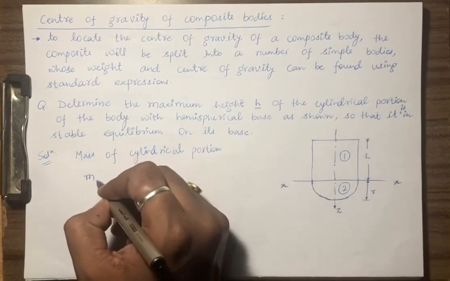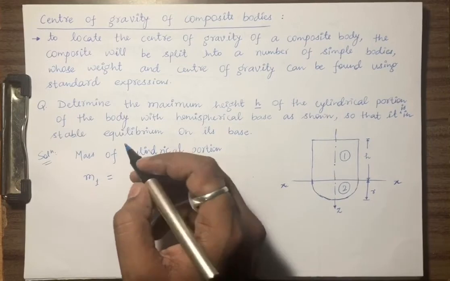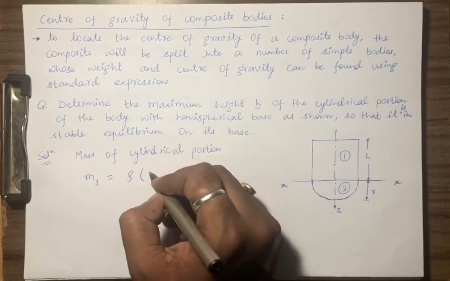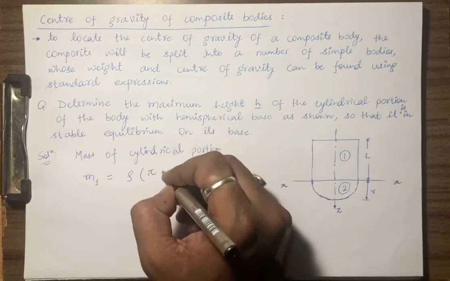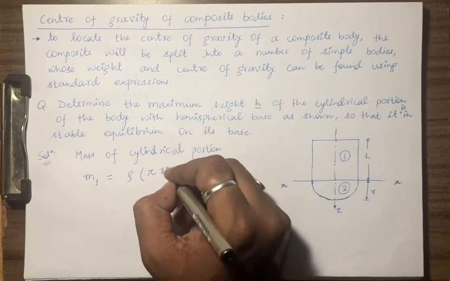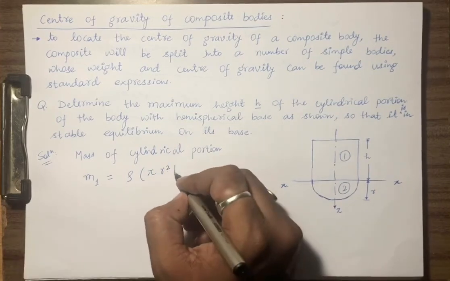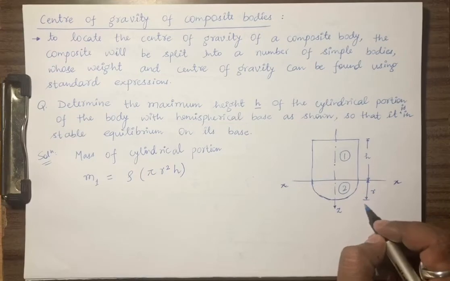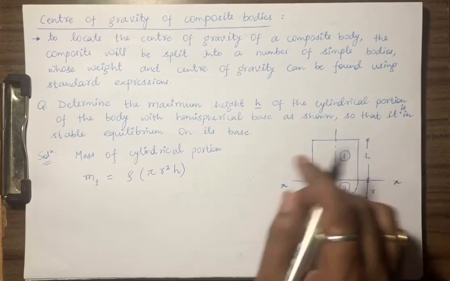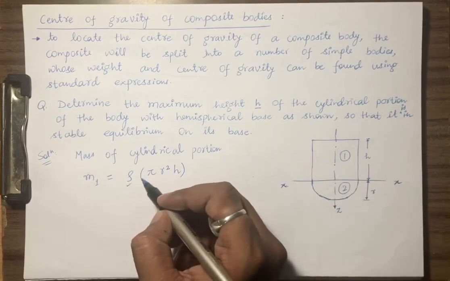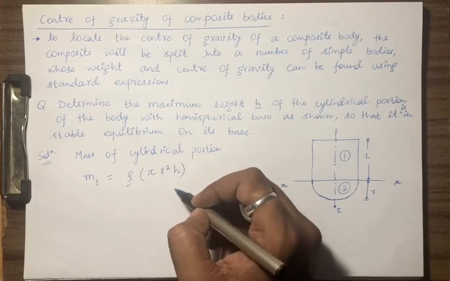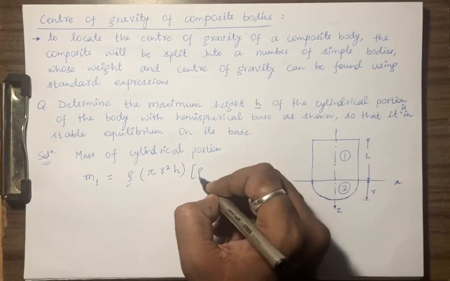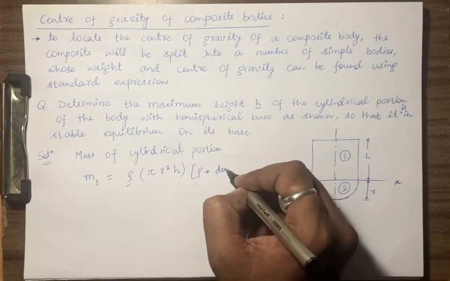So the mass m1 will be rho times volume, so pi r square h. This is r, so this radius will be r. That is density into volume. Rho is density.